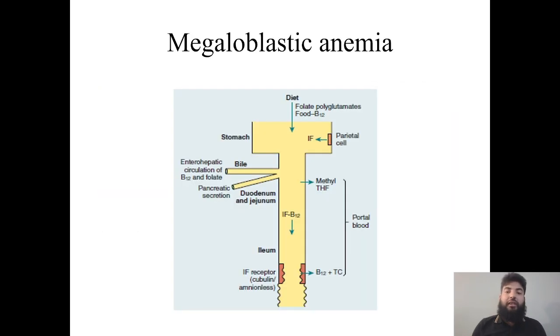Then megaloblastic anemia. Before going into detail of megaloblastic anemia, let me talk about vitamin B12 and folic acid, which are really important for cell formation within the cell. So it's really important to have knowledge about these vitamins.